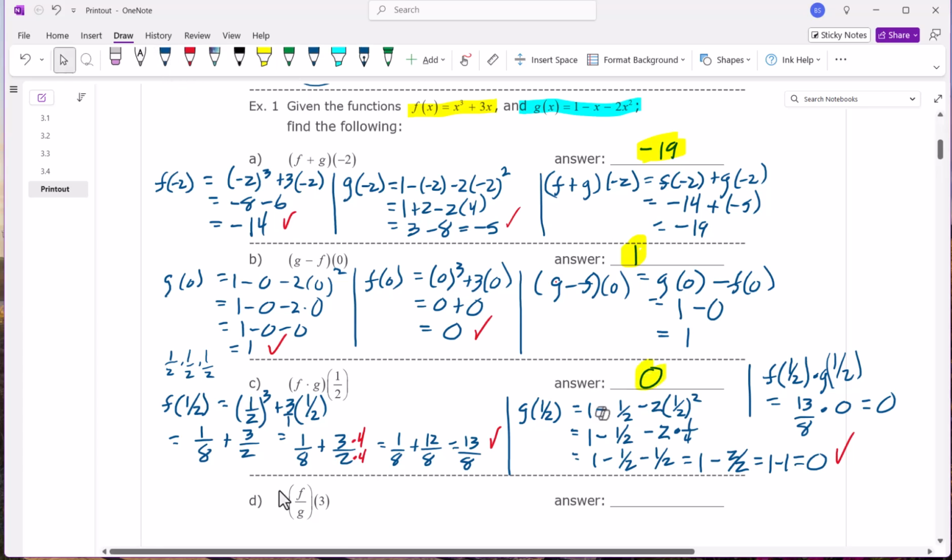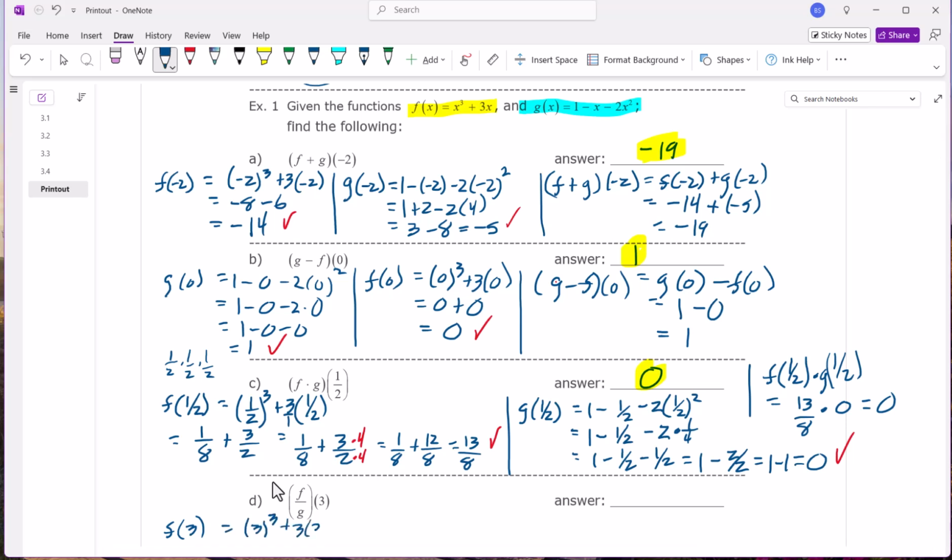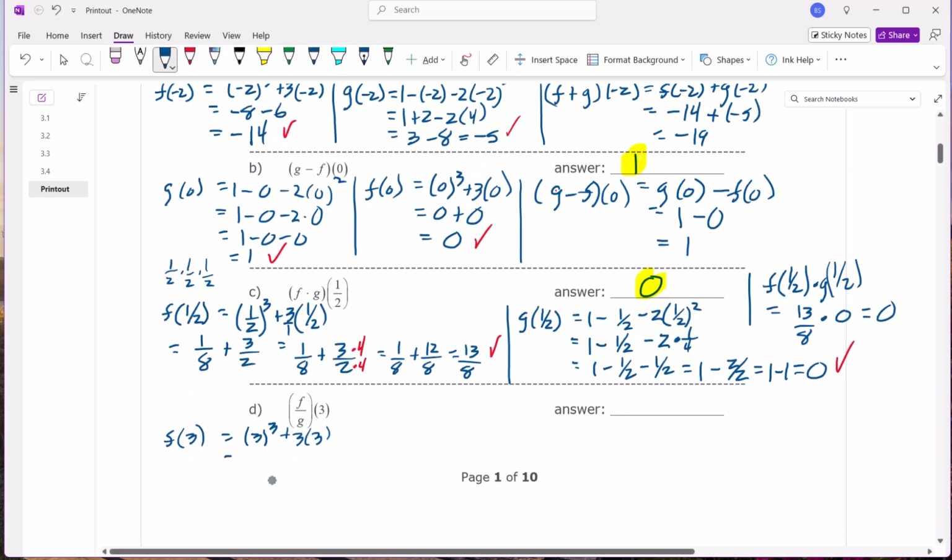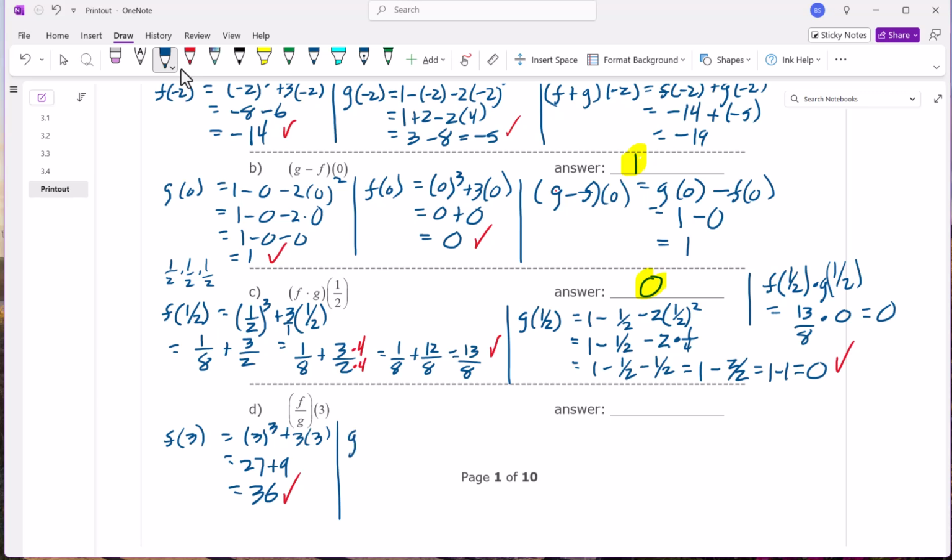Okay. Next problem, we'll do f of 3. So we'll do 3 to the third plus 3 times 3. That's going to give 27 plus 9, so that gives 36. And then we do g of 3.